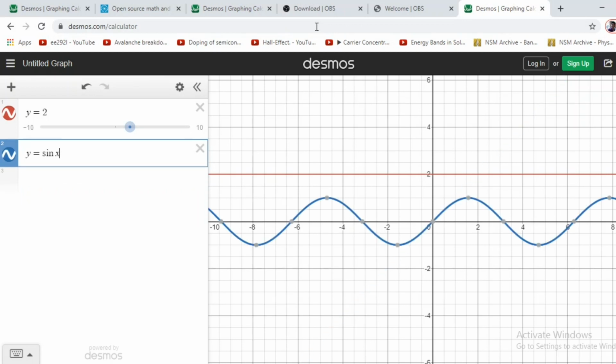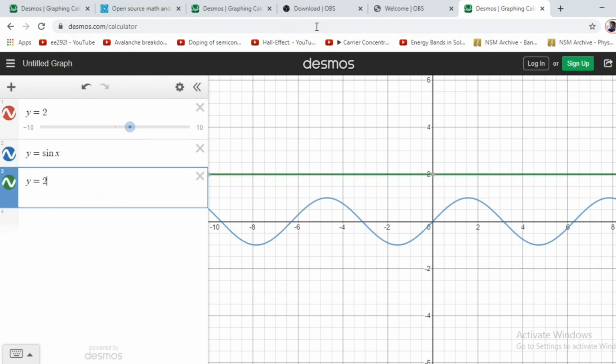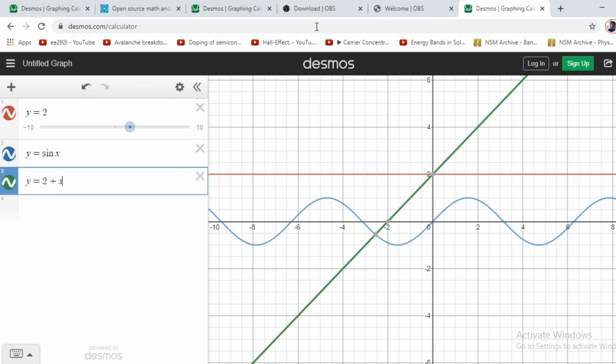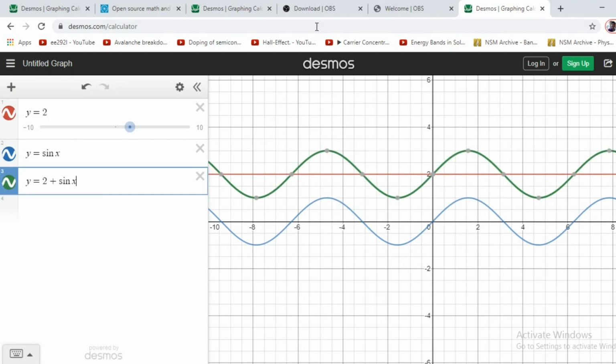If we add these two signals, y equal to 2 plus sine x. Here the red color indicates the x1 of t signal, the blue line is the x2 of t signal, and the green color signal indicates x1 of t plus x2 of t.